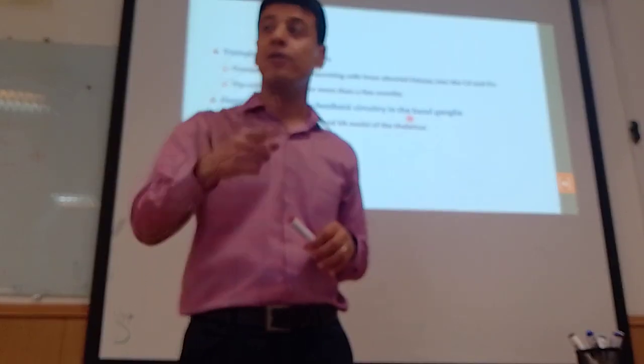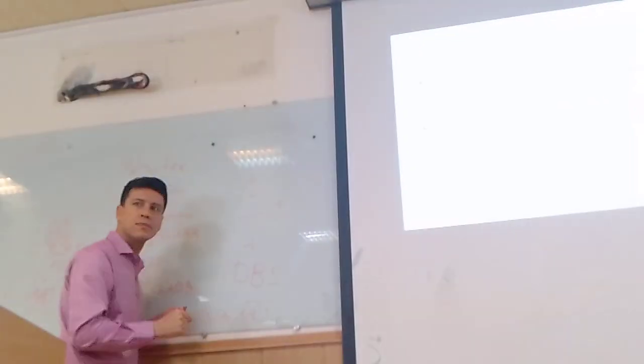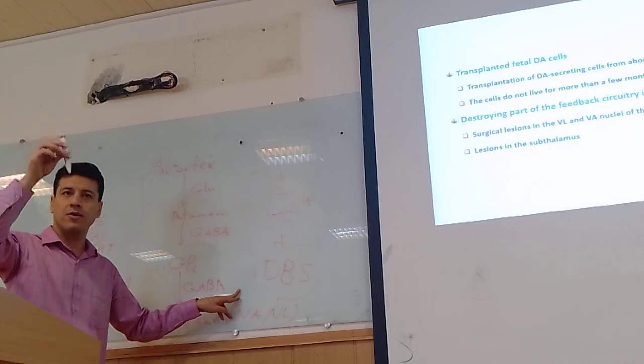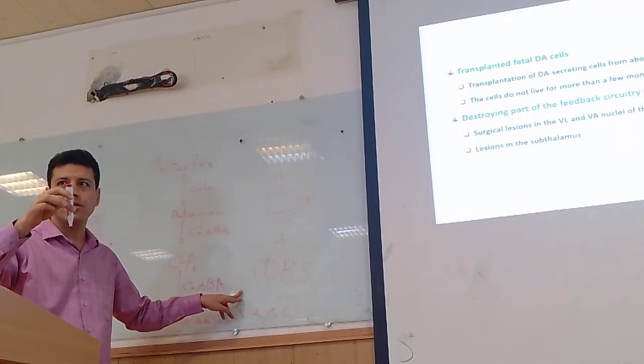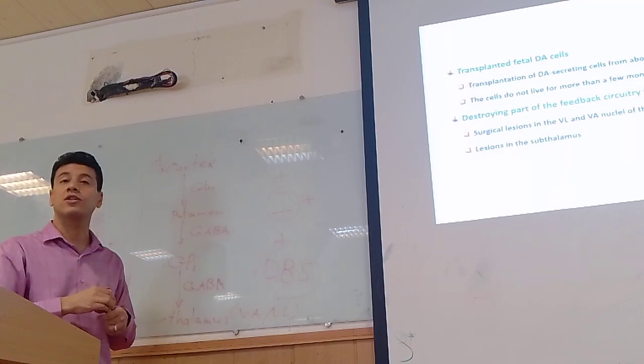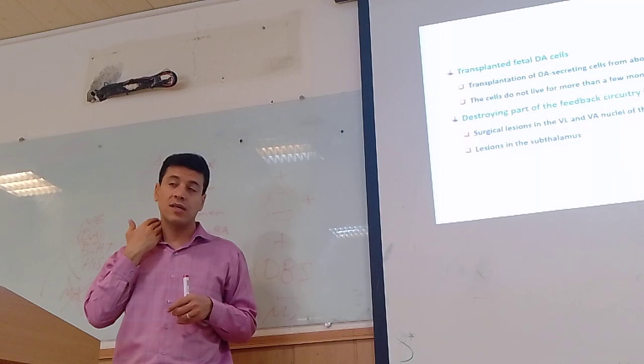Okay, another treatment which is very new is DBS, deep brain stimulation. The surgeon puts some electrodes into the globus pallidus. The electrode is connected to a signal generator located beneath the skin, below the skin.